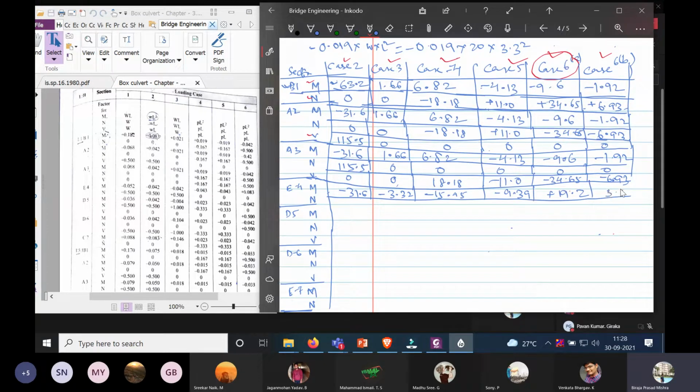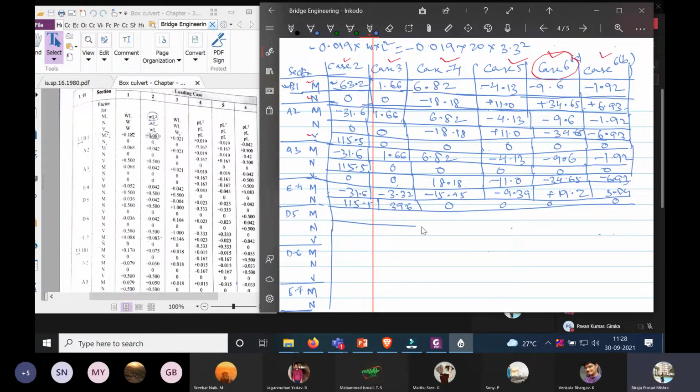Next value is 3.84. Next value is the thrust, that is 115.5. Then this is 39.6. Next all the values are 0 as the coefficient is 0.